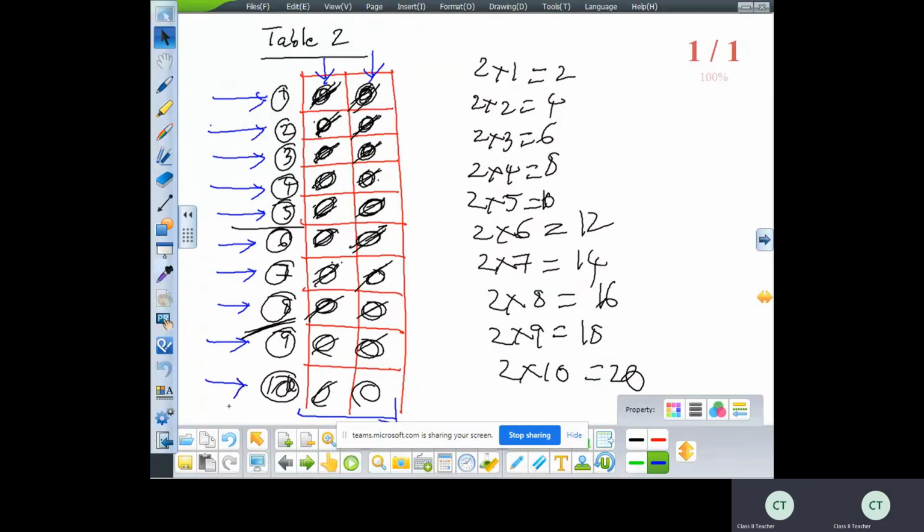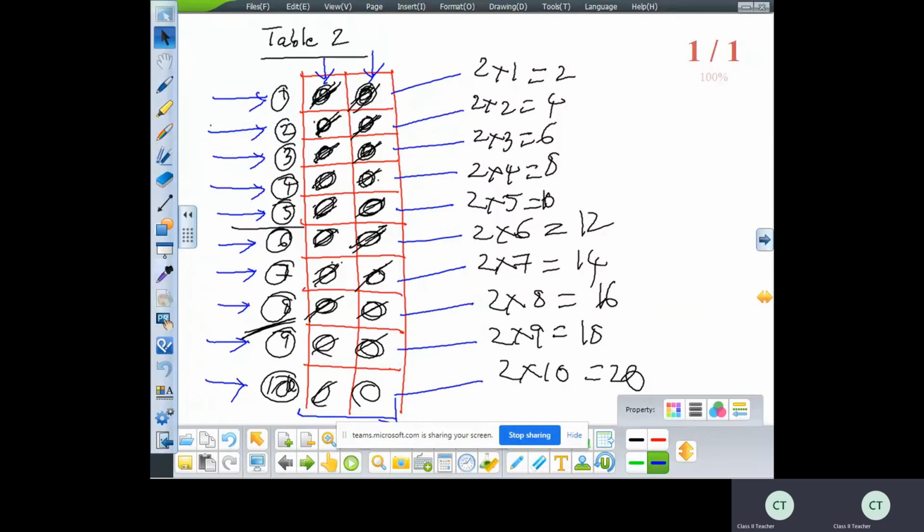This is 2 ones are 2, 2 twos are 4, 2 threes are 6, 2 fours are 8, 2 fives are 10, 2 sixes are 12, 2 sevens are 14, 2 eights are 16, 2 nines are 18, 2 tens are 20. This is called table 2.